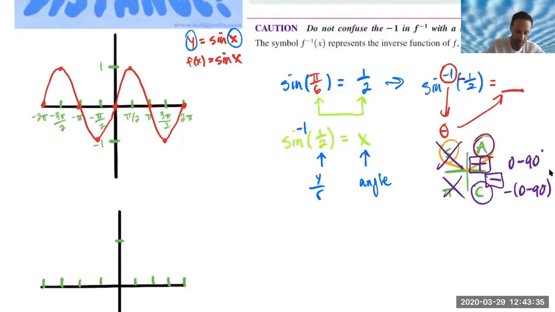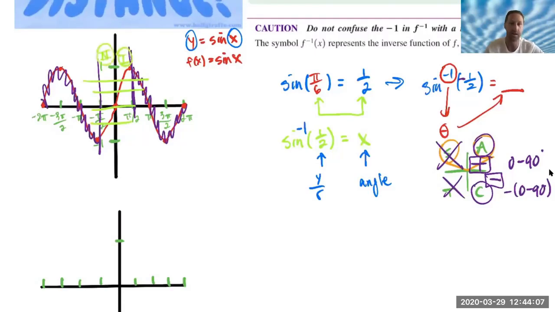Well, if we take away all the rest of this and just focus on quadrant 1, and then we took away all the other, all the way to quadrant 4, which would actually be there, then you can see that I actually have a graph that would pass there. And therefore, we have now restricted it to quadrant 1 for all positives and quadrant 4 for all negatives. Now we can look at the same thing with cosine and doing something similar.